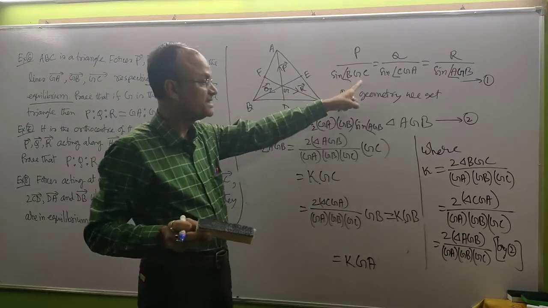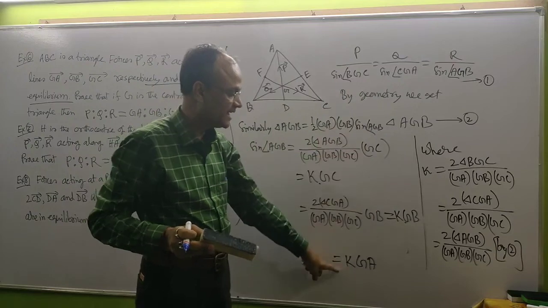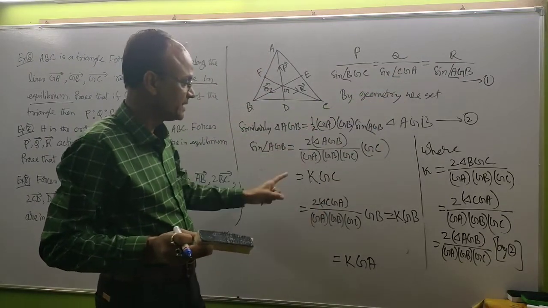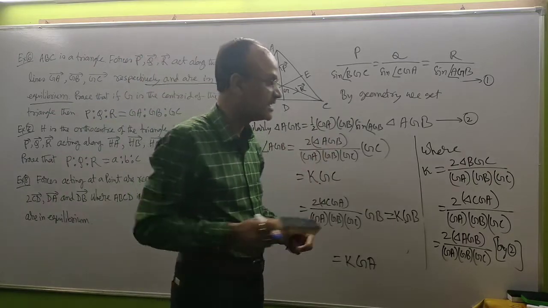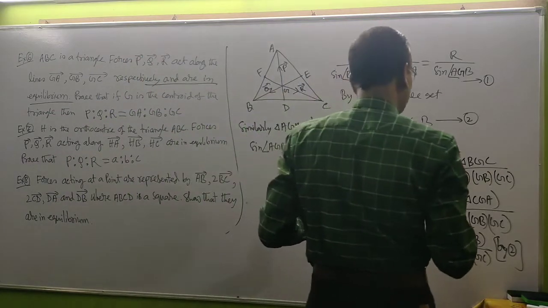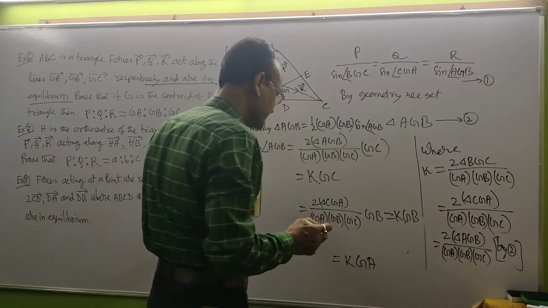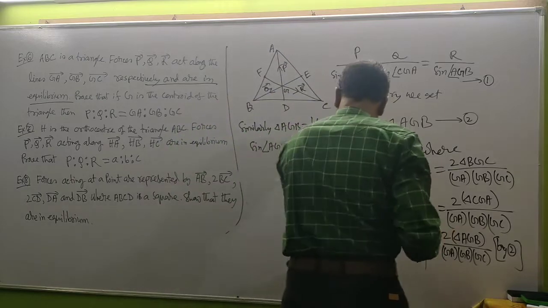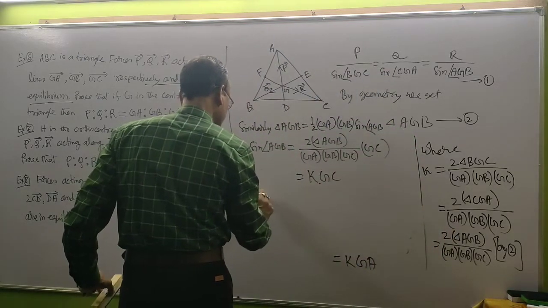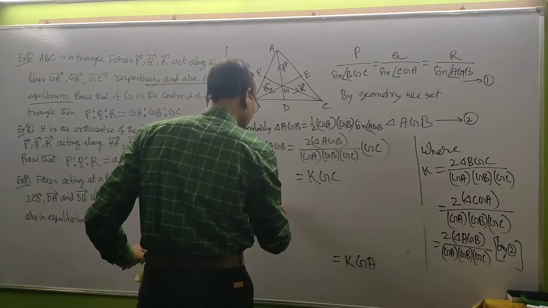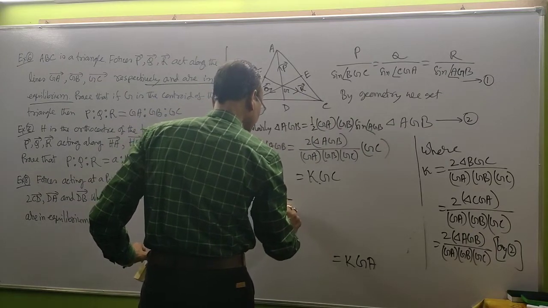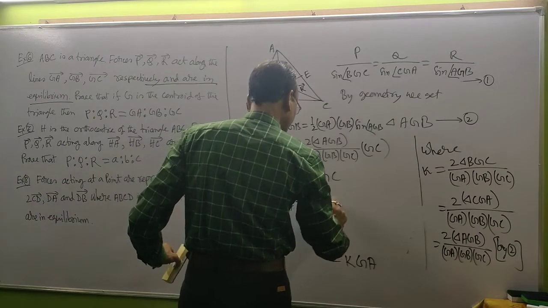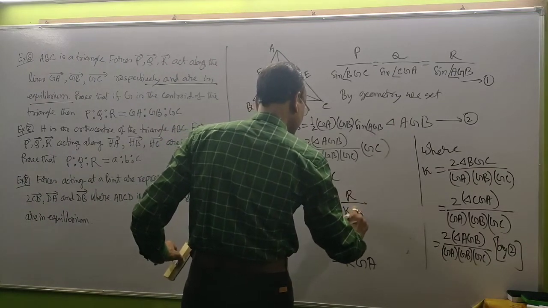Thus, sin BGC can be replaced by K into GA, sin CGA can be replaced by K into GB, and sin AGB can be replaced by K into GC. Therefore, from 1 we get P by K into GA equals Q by K into GB equals R by K into GC.